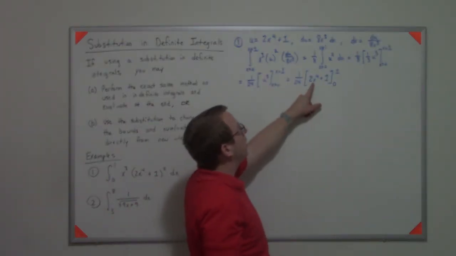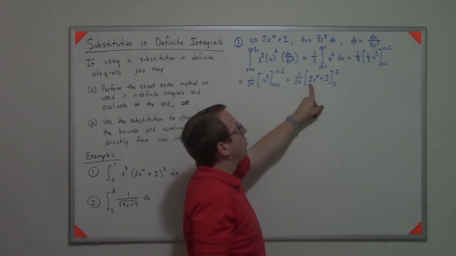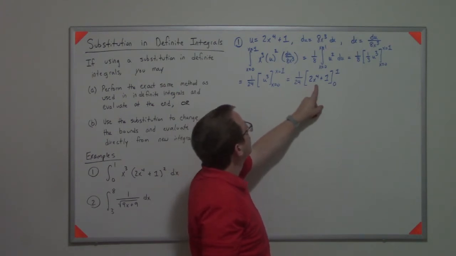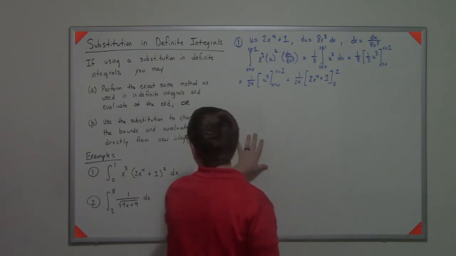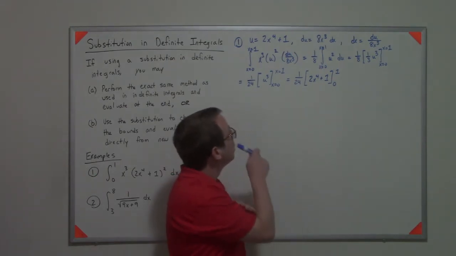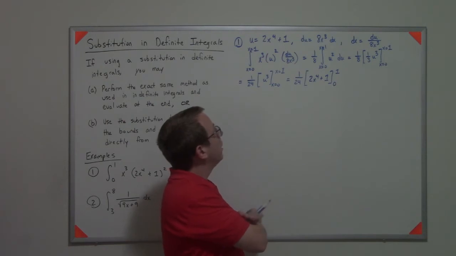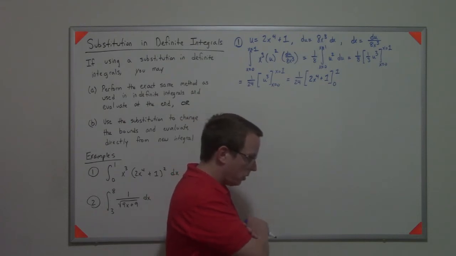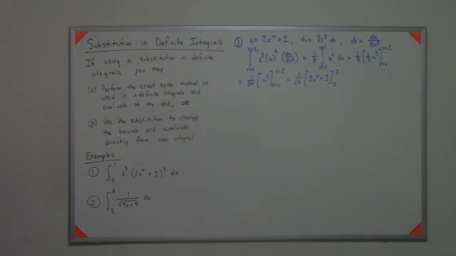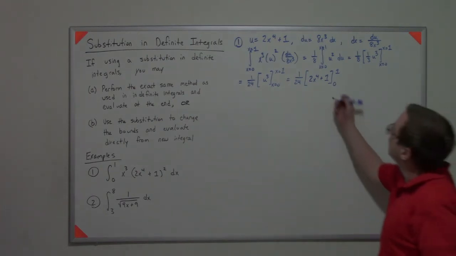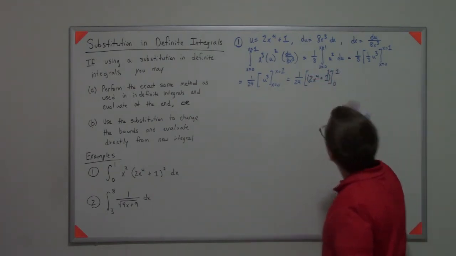So when x is 1, this thing is 3. When x is 0, that thing will be 1. Let me check my notes real quick. Something seems off here. Cubed, right?